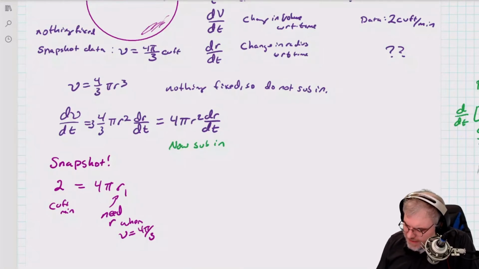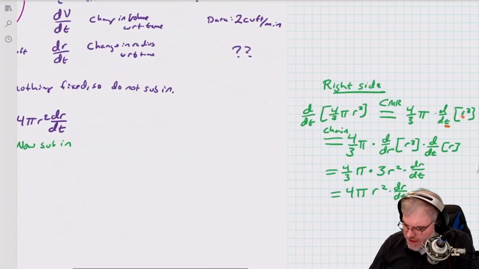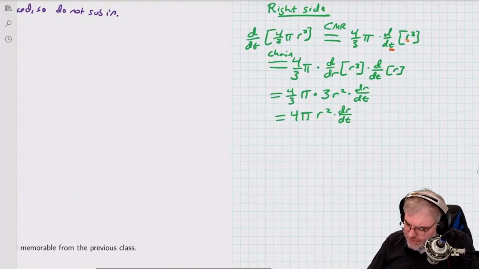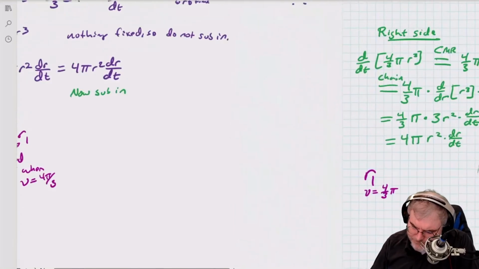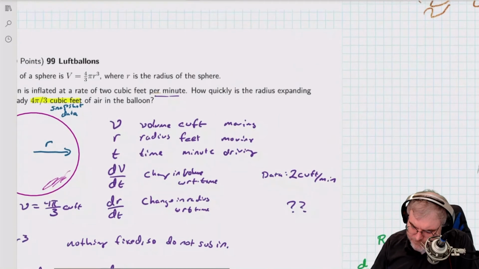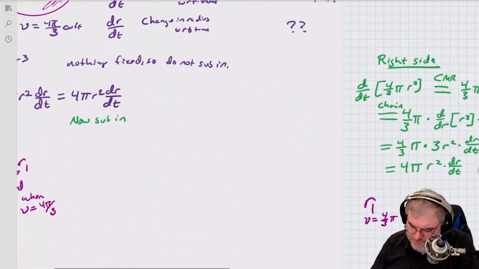So this is, I don't know if you've caught on to this notation yet. But if I do r and then I do a line down and then I do V equals 4 pi over 3, that's the same thing.